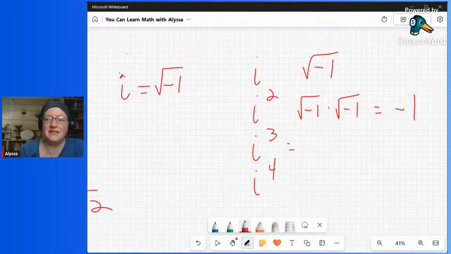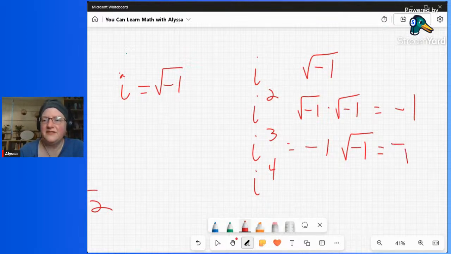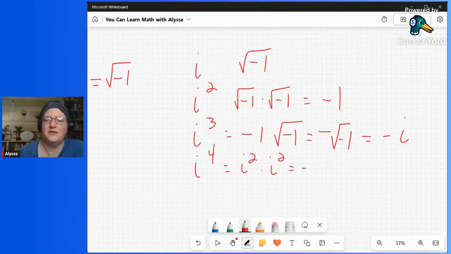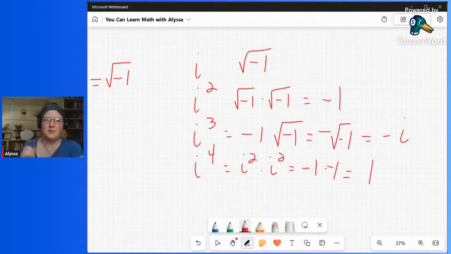So that is i squared, which is -1, times i again, which is square root of -1. So it's negative square root of -1, or we can say negative i. And then i to the 4th, you could say is i squared times i squared. So -1 times -1, which is a positive 1. i's are crazy.